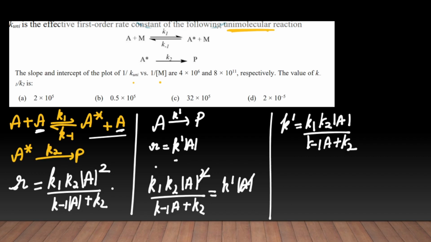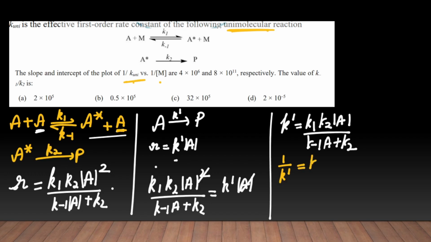Now this plot is for 1 by k_uni. k_uni is just the effective or observed rate constant. So we will have 1 by K dash versus M. I told you that instead of M, it is the A term which is involved in the mechanism. So it is the 1 by K dash versus 1 by A plot.